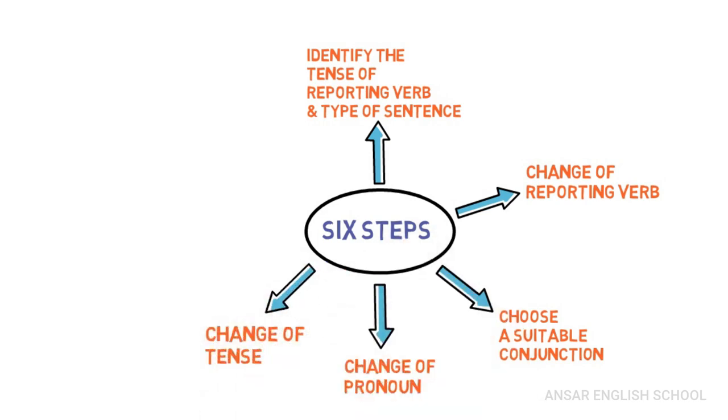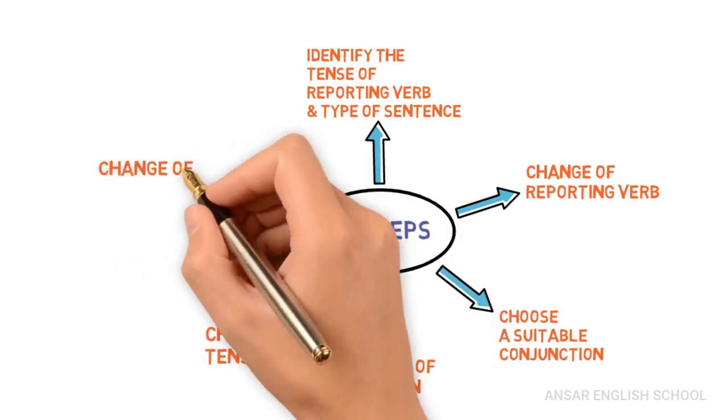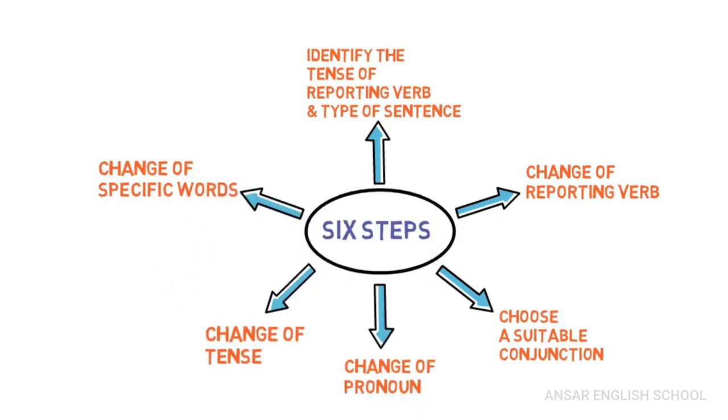And then we have to change the pronouns given in direct speech into third person. And then the fourth important step is change of tense. Every tense form will change into its past form. And then change of specific words, that means adverbs denoting time and place.